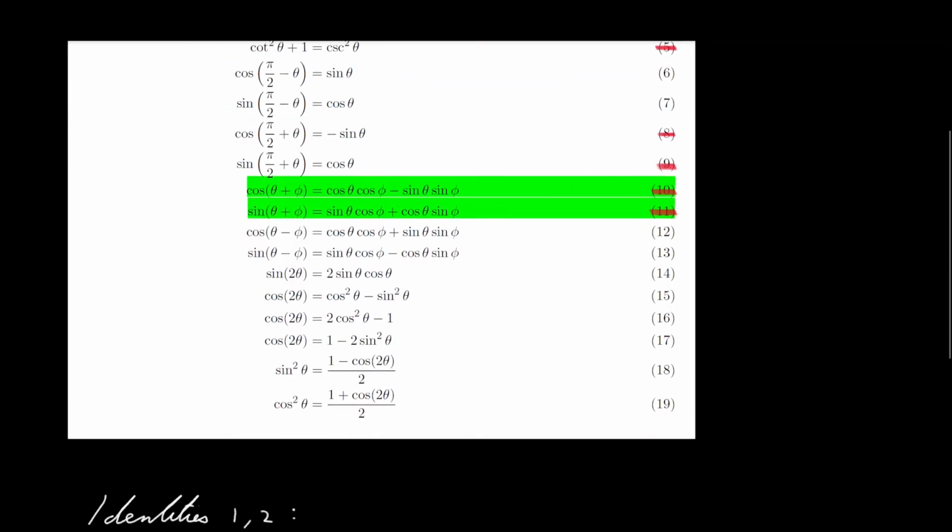Okay, so identities 1 and 2. I'm not sure whether 1 was the sine or the cosine yet. The first identity is that the cosine of negative theta is equal to the cosine of theta. And the other identity is that the sine of negative theta is equal to negative sine of positive theta.